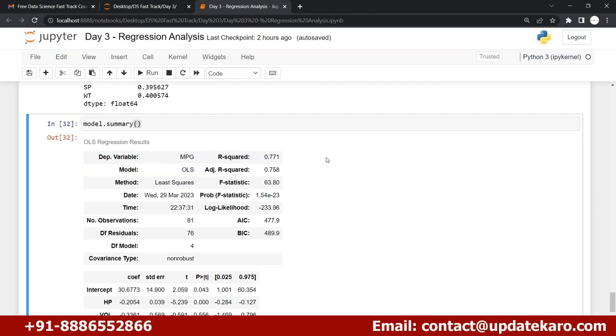So it's like a trial and error method. If you add some new feature, it will show you sometimes a higher R square, or sometimes a lesser R square, depending upon the power of that particular new variable.